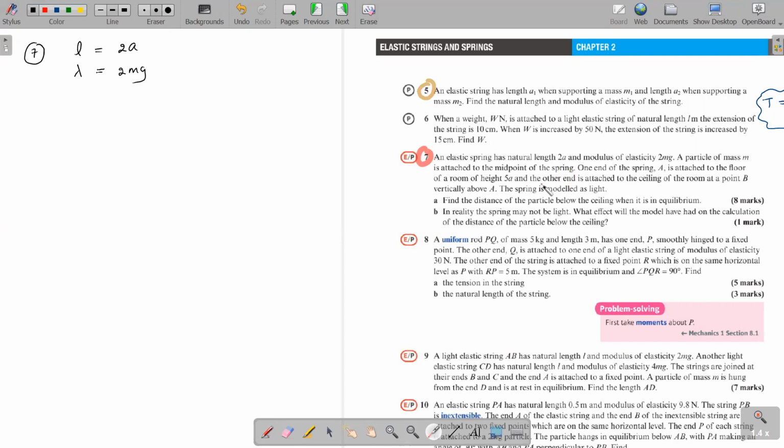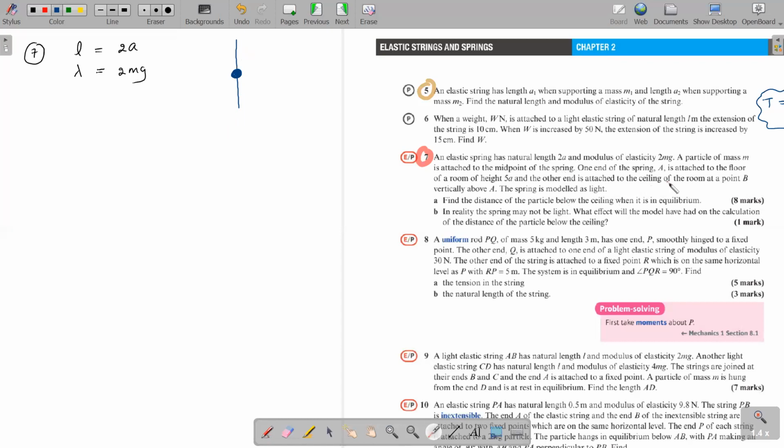Remember, whenever you attach a particle to the midpoint of your spring, you consider each part of the spring separately, like two separate springs. The upper part you consider forces for separately, and the lower part you consider forces separately. That's how we do this.